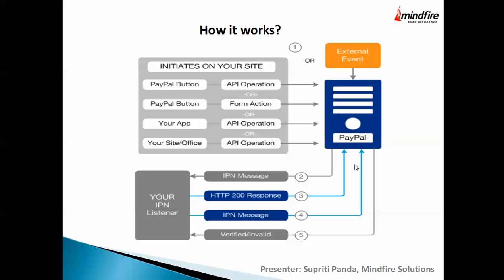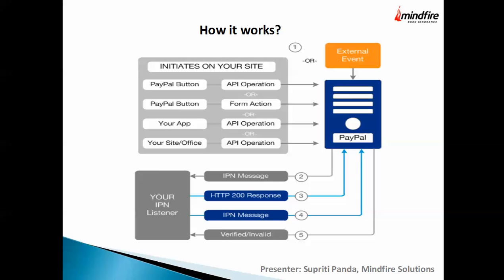Suppose some spy somehow knows your listener URL and the IPN message format. He could create a message in that format and send it to your listener. That's possible.